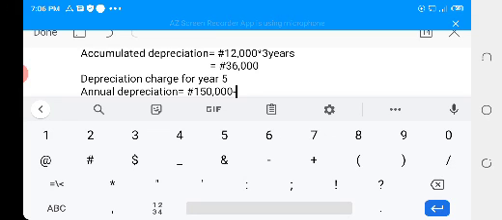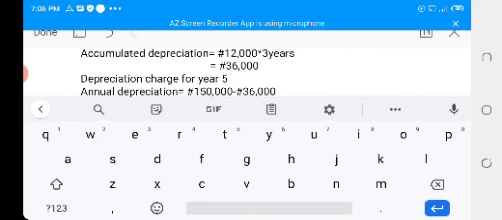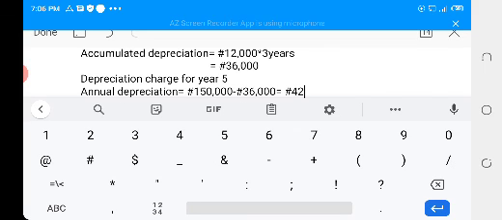So it will be 150,000 minus the accumulated depreciation, which is 36,000, which equals 114,000 over the remaining useful life.